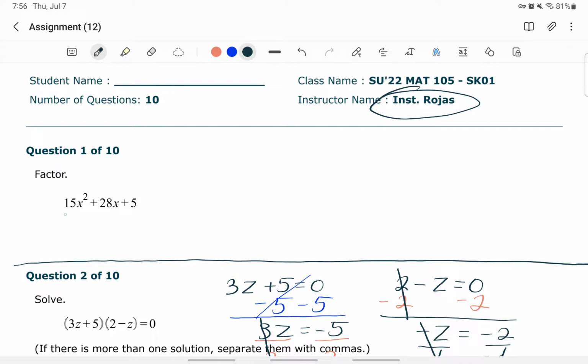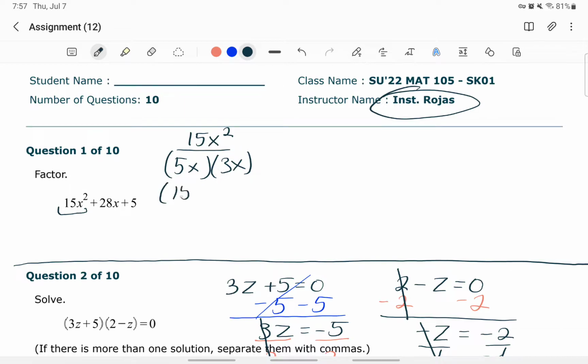When doing a question when the a is greater than 1, take your first term. My first term is 15x squared. And find the factors of 15x squared. The factors of 15x squared are 5x times 3x, because 5x times 3x is 15x squared.